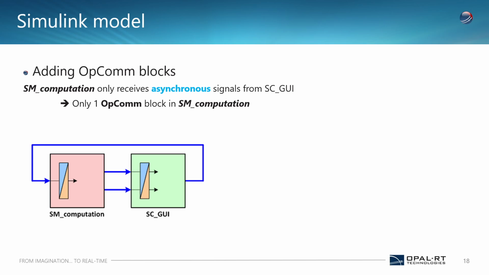Suppose you have created one model; it can be connected like this. Remember, when an input is coming into a subsystem, it goes through the OPCOMM block, in the SM subsystem and also the SC subsystem. It is not the output going through the OPCOMM block; any input coming to any subsystem must go through the OPCOMM block.